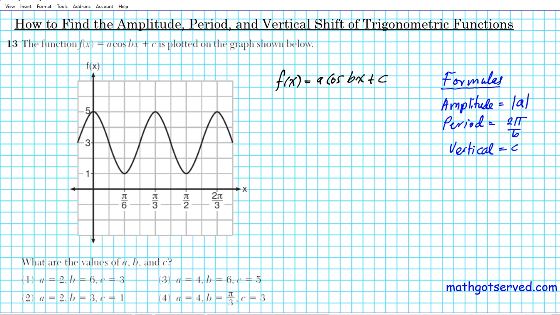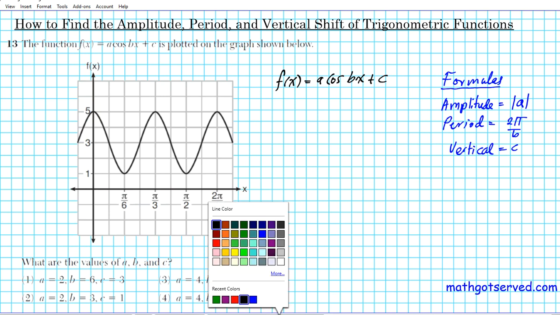Let's start by determining what A is. All right, so we need to find what the amplitude of this graph is. Amplitude is the distance from the central position to the max or the min. Okay, so if you look at this graph, it goes between 5 and 1, right?